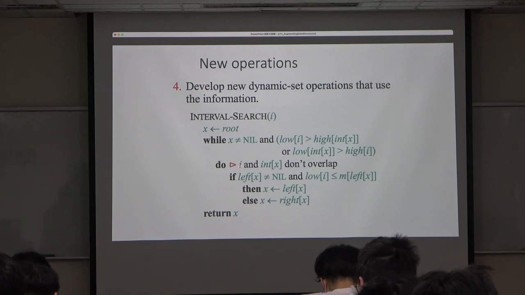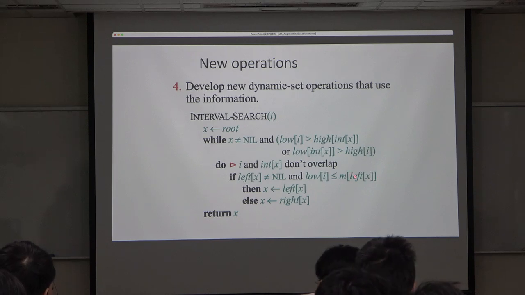If there's an overlap, you just report this one. Otherwise, if left of x is not nil, you check if low of I is smaller than or equal to the n value of the left child. What is the n value? The n value stands for the largest right endpoint in its left subtree.